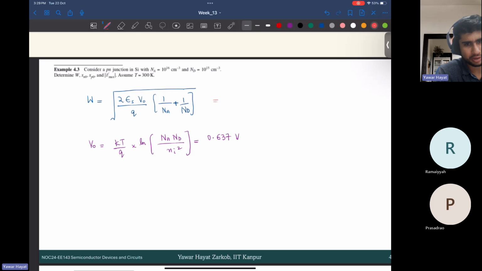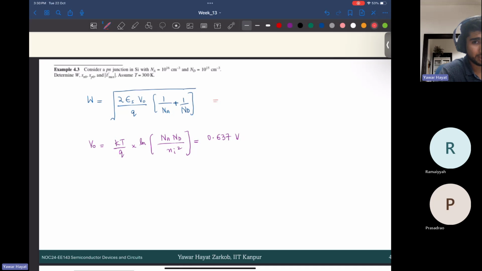What will you use as the value for epsilon? 11.8 multiplied by epsilon naught, 8.854 into 10 to the power minus 12.